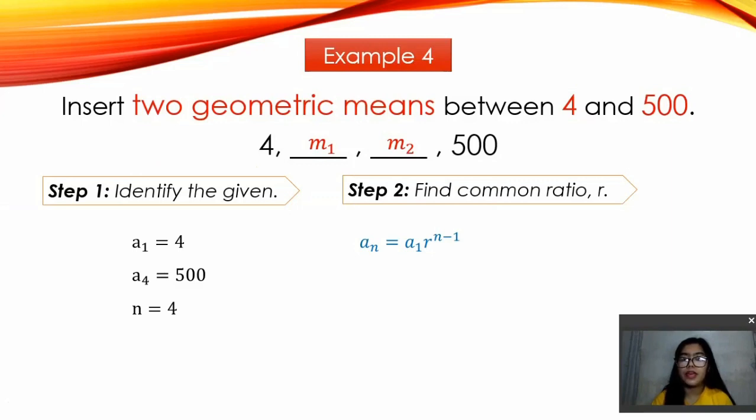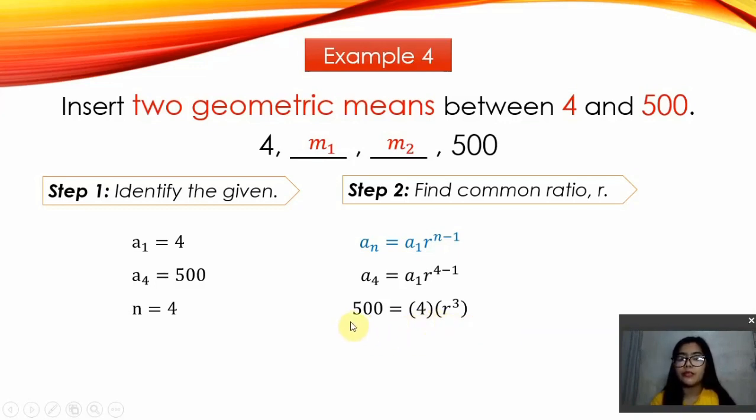So a sub n is equal to a sub 1 times r raised to n minus 1. So substituting, we will derive to this equation. A sub 4 is equal to a sub 1 times r raised to 4 minus 1. Then, ang a sub 4 natin is 500 and then a sub 1 is 4. Now, we will get 500 equals 4 times r cubed or 4r cubed.